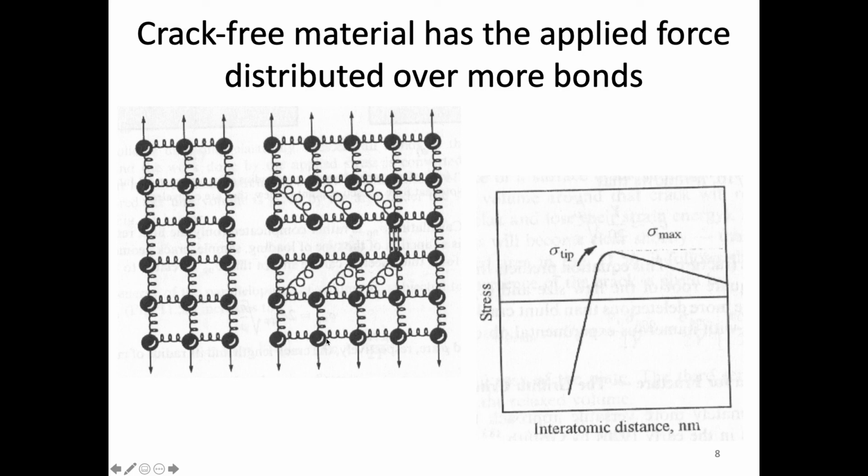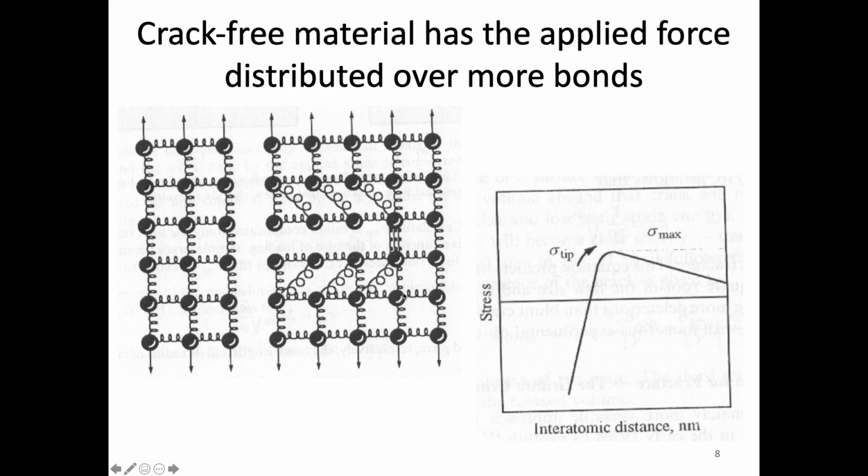But in the other case, if we have a defected material, in this case we would call this an atomically thin crack, because essentially just one layer of bonds is disrupted. And so in this case, these three bonds are disconnected and we're left with just these two over here on this cross section. So now in this material, when we apply a force, instead of being evenly distributed across all these bonds, it's actually not evenly distributed.